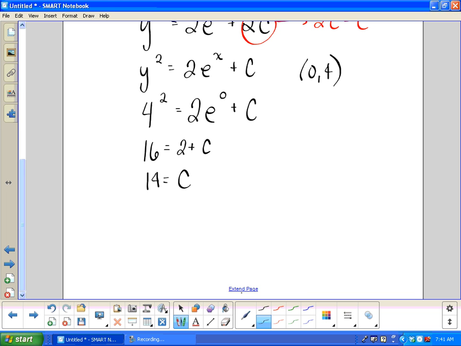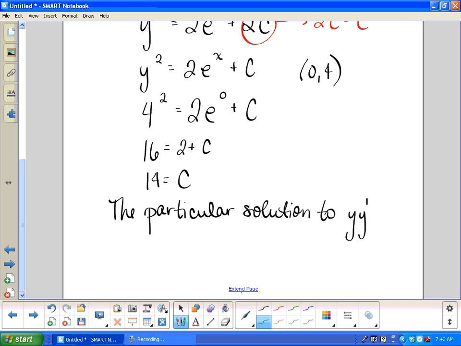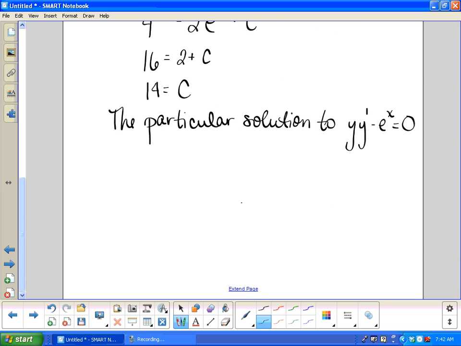So now I can replace c in my solution, and I end up with my particular solution. So let's say this: the particular solution to y prime minus e to the x equal to 0 is, what do I end up with?